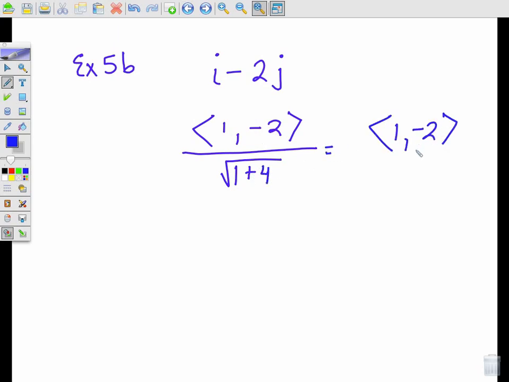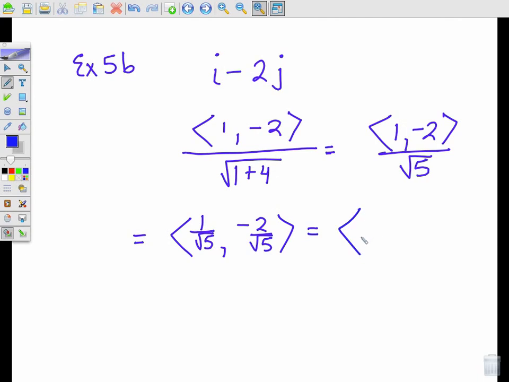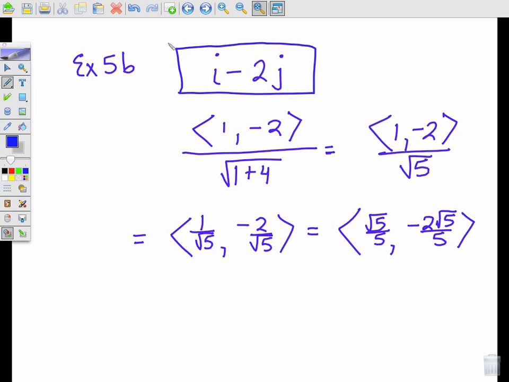This equals 1, negative 2 over the square root of 5. I'm going to keep simplifying this: 1 over the square root of 5 and negative 2 over the square root of 5. You have to rationalize this, you can't leave it in that form: square root of 5 over 5 and negative 2 square root of 5 over 5. That's your final answer. So this is the unit vector. The beginning just happened to be in linear combination form.